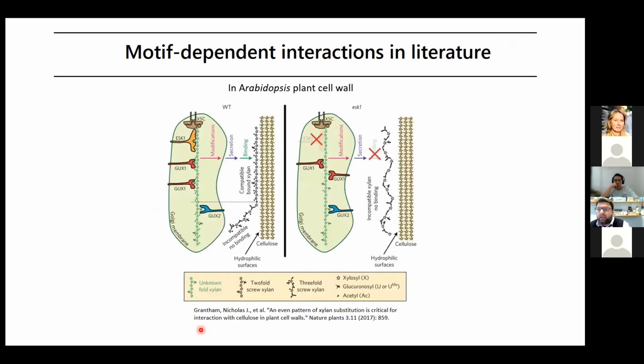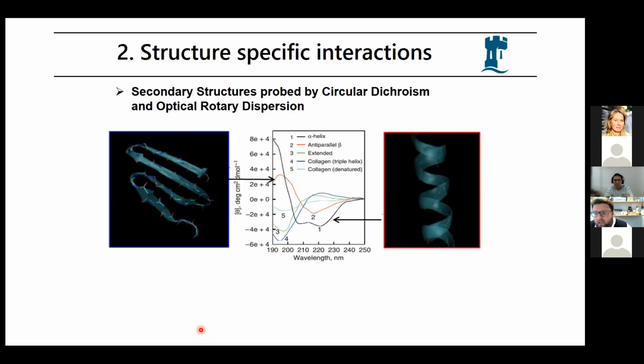What is the underpinning mechanism? Because the linkage composition is the same, we started looking at the motif and the degree of substitution. And we got the inspiration from the work by Paul Dupré, who looked at the two-turn twist and three-turn twist motifs in the xylans that he extracted from Arabidopsis.